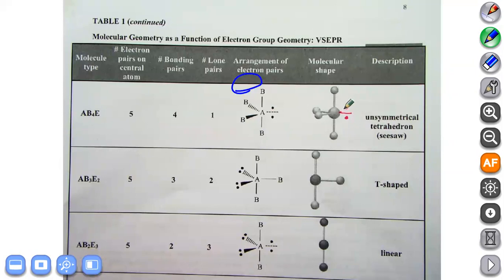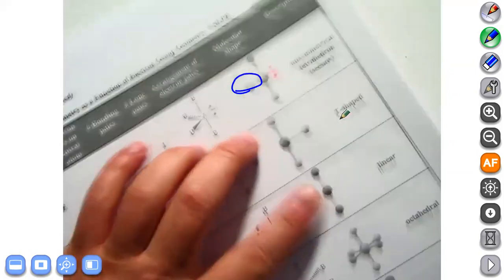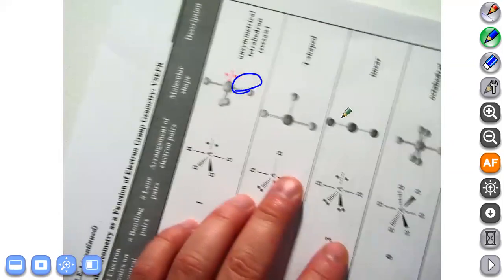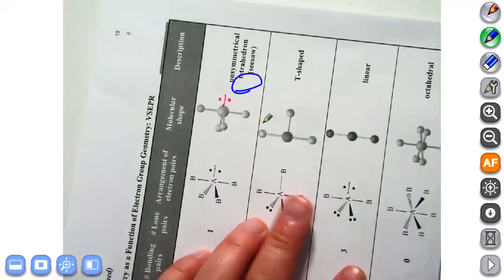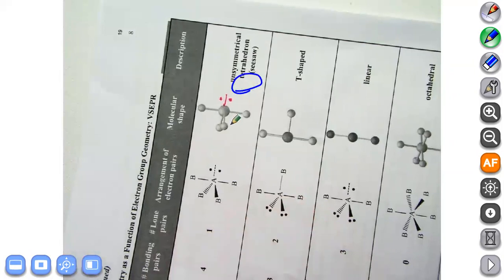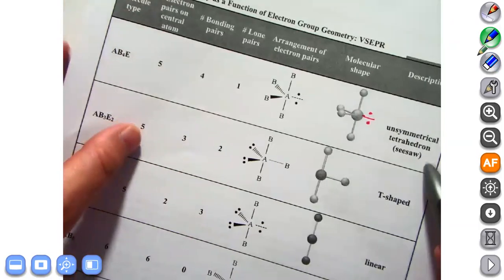If we put the lone pair right there, and we kind of move this 90 degrees, like so, you could see it's like a seesaw, like the seesaw that you would see in a playground. Okay, so I like this picture right there on page 19. So let's go back to the page that we were at, page 10.